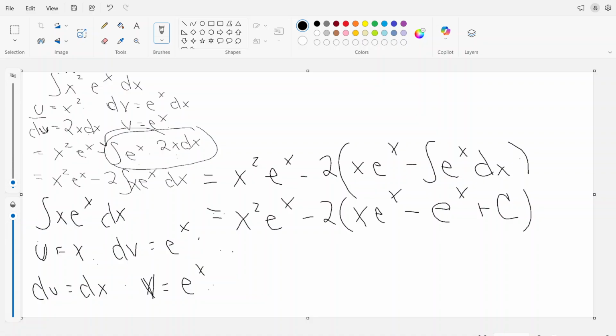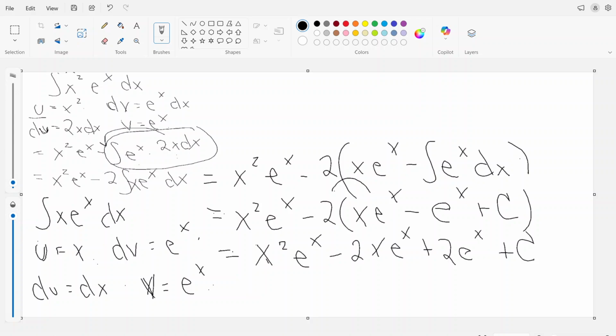Now we can distribute the 2 to each term, right? So this will become x squared e to the x minus 2x e to the x plus 2 e to the x plus c.